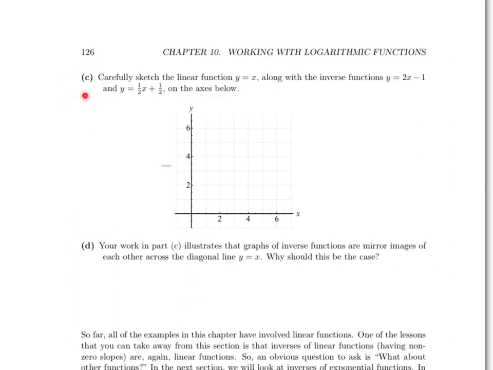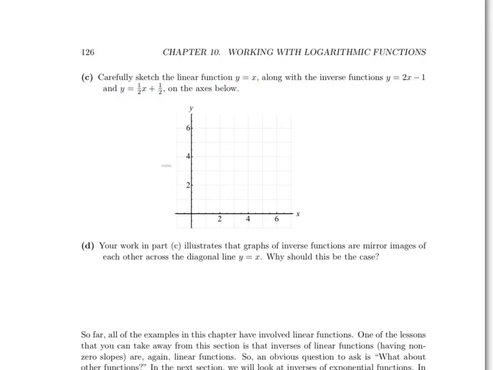Okay, now let's have a look at part C. Carefully sketch the linear function y equals x along with the inverse functions y equals 2x minus 1 and y equals 1/2 x plus 1/2. Recall, these were the two functions that we were studying on the previous page.